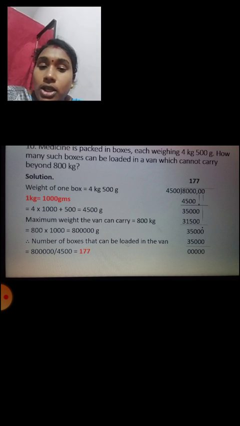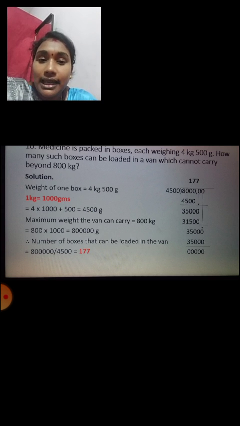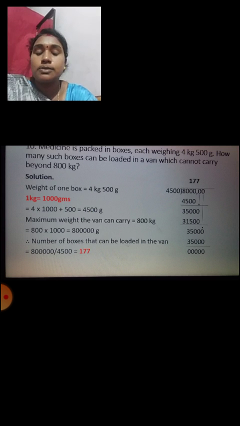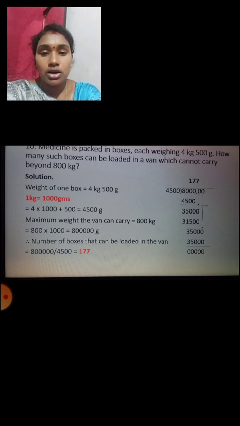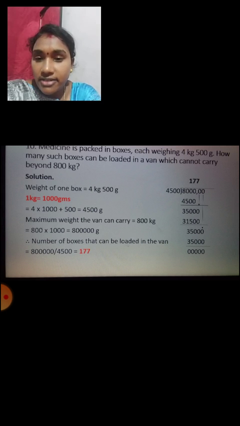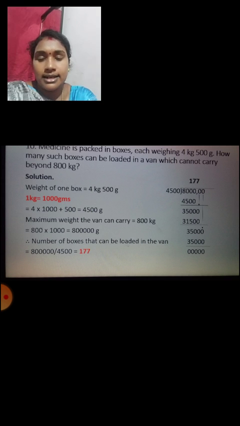When you divide, you will get 177 as the answer. As you know this division, I am not explaining it once more, so you can do it and see in your notebooks. Okay children? So 177 boxes can be loaded in a van that can carry only 800 kilograms.